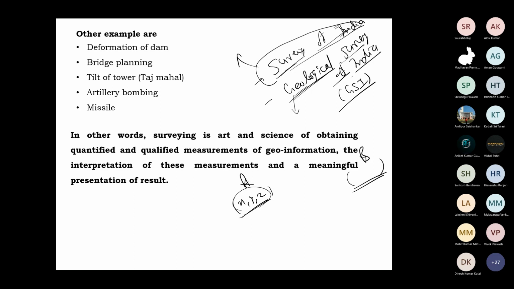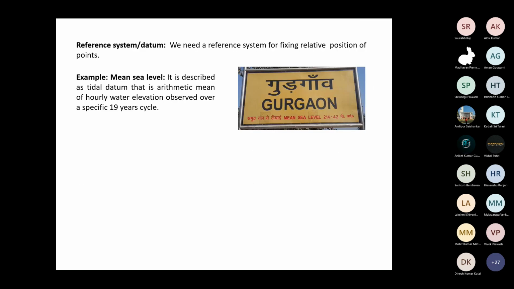Can I go to the next slide? Yes, sir. Any question, you can interrupt me. Now, as we know, if I want to do the survey, I want some reference system. Otherwise, if I don't know the reference system, then how do I know?